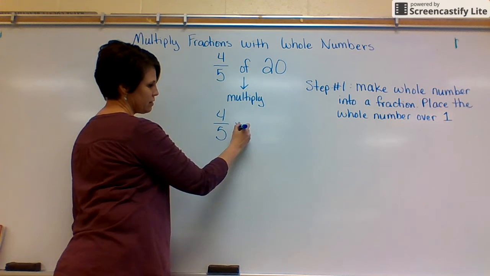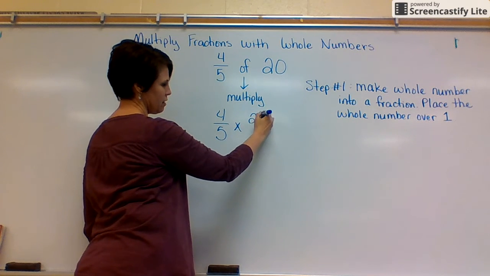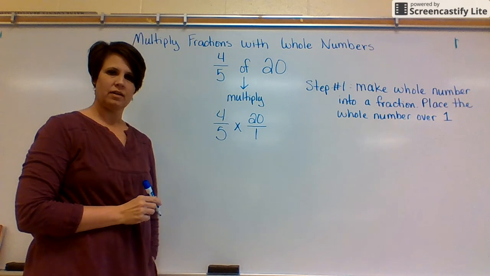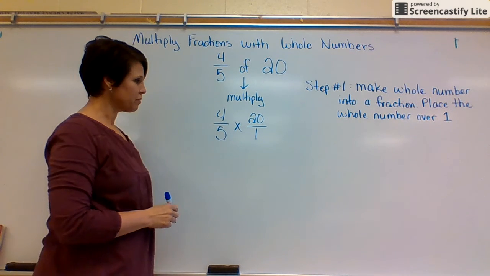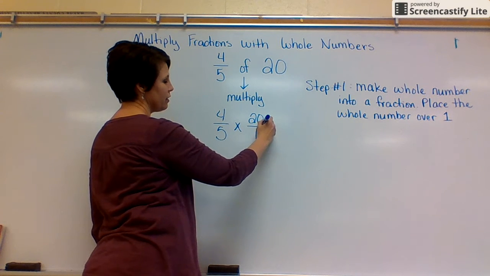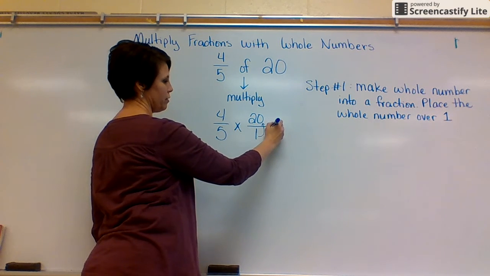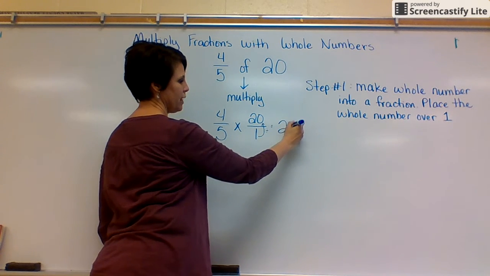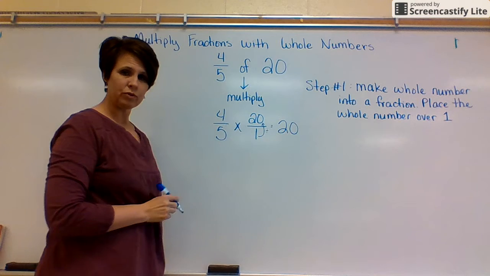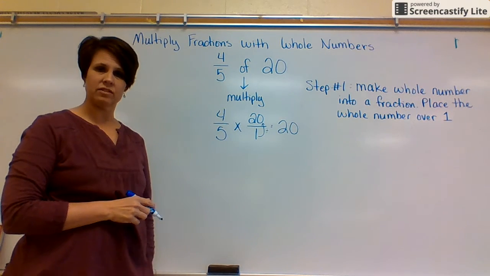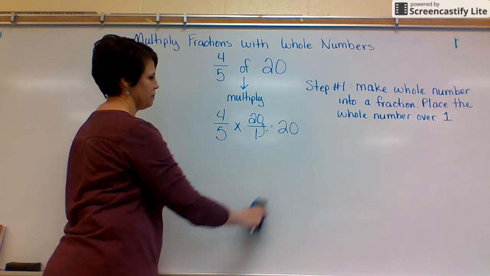If we place the whole number 20 over 1, we get an improper fraction. To simplify that improper fraction, we divide the denominator into the numerator. And 20 divided by 1 is 20, which gives us our whole number again. So 20 over 1 is equivalent to the whole number 20.